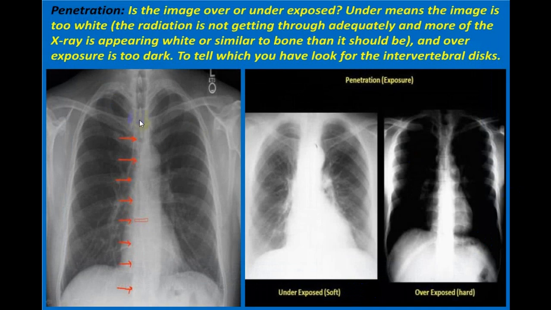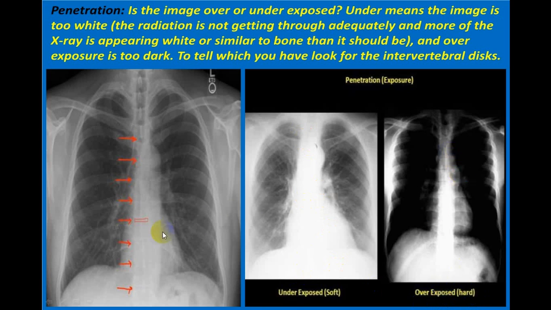Now you can see in this particular X-ray, there is a little over penetration. When it is more opaque, it is under penetration. While when you see through the heart shadow and see the vertebral bodies more clearly, it is over penetration. So this is underexposed, this is overexposed.